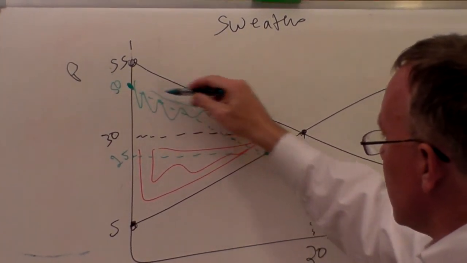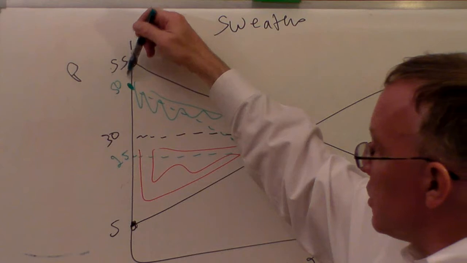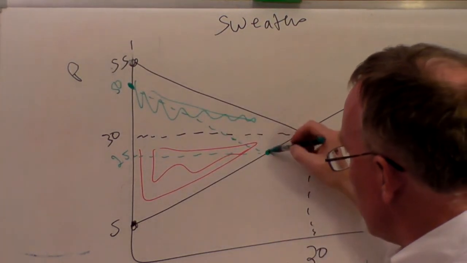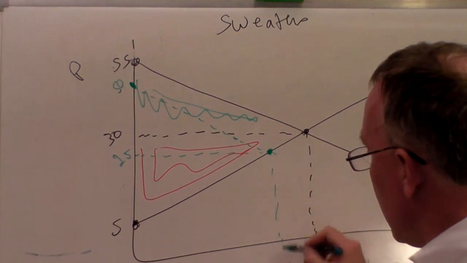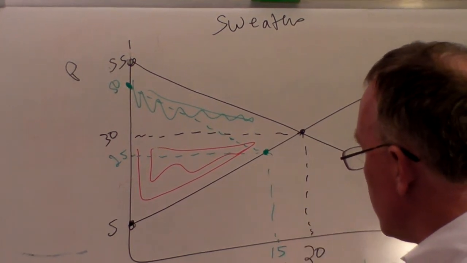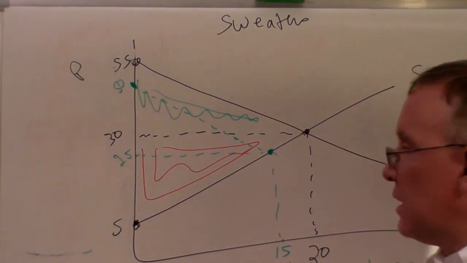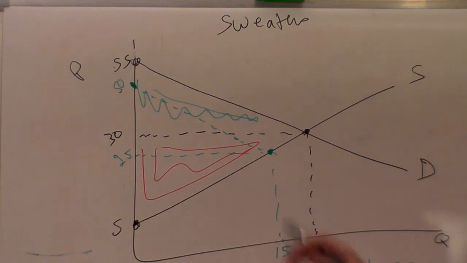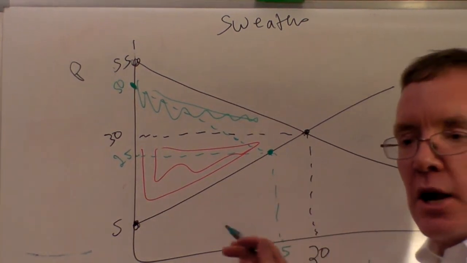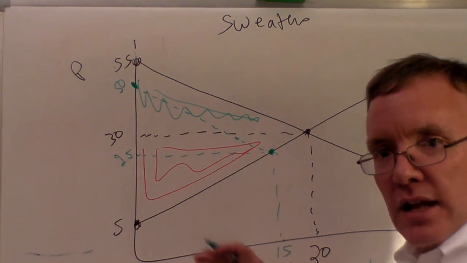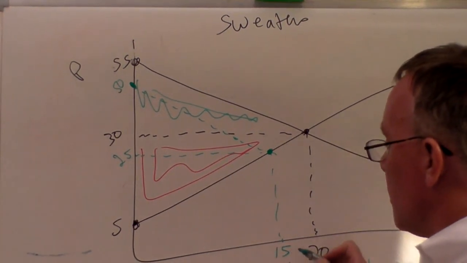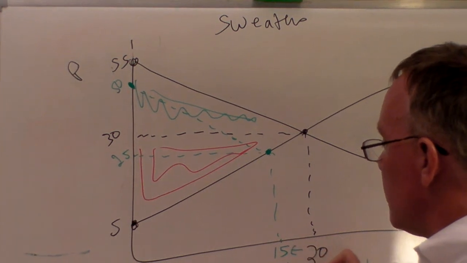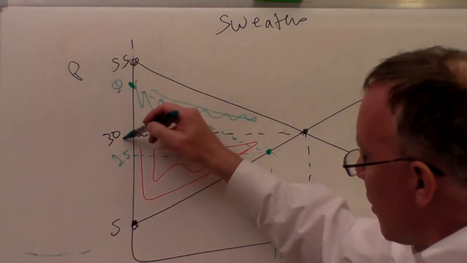So maybe it wasn't exactly at 50, but let's put this down to 50, and let's end up hitting our supply curve at 25. And let's think of our quantity has moved to 15. Not sure that would exactly line up if we were drawing straight lines, but let's just pretend that this would work. And so the quantity has moved down to 15, the price has fallen to 25.